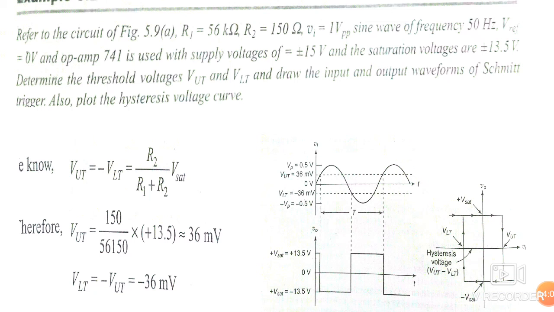Again, when the output was minus Vsat and the input becomes lower than minus VLT, the output will change to plus Vsat in this fashion. So this is a square shape. So V hysteresis is given by VUT minus VLT.